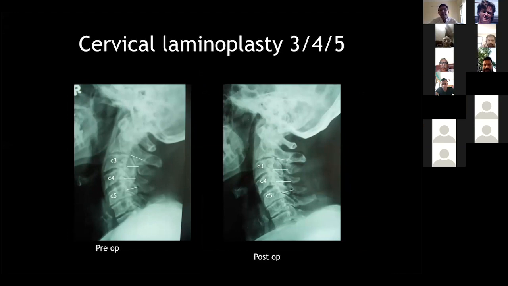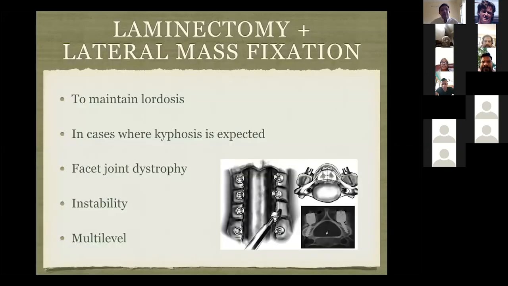You can see those lines which I have drawn at C3 level, at C4 level, and C5 level. It increases by that. This is only suspension. That is, you do a gutter laterally and lift the spine and the lamina as one, all together, and give the spinal cord a decompression posteriorly.